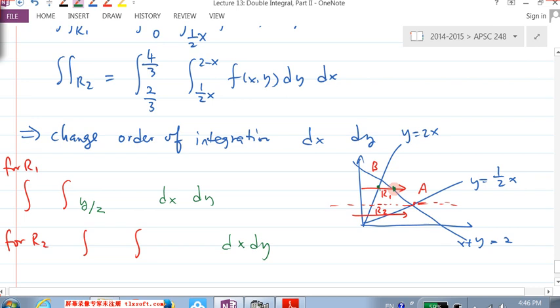And here, y minus 2. And x goes from, sweeping these lines across the region, basically from this edge to this edge, so from the y coordinate of A to the y coordinate of B.